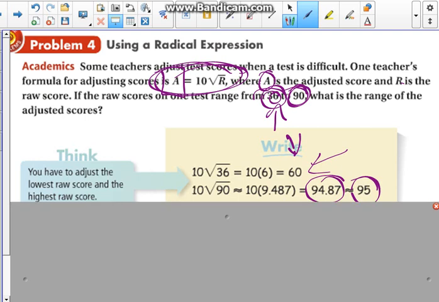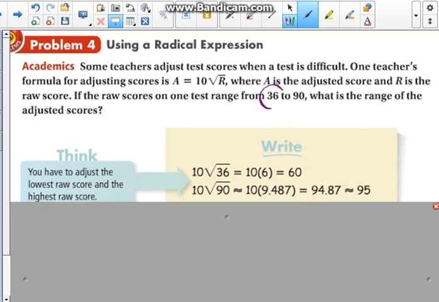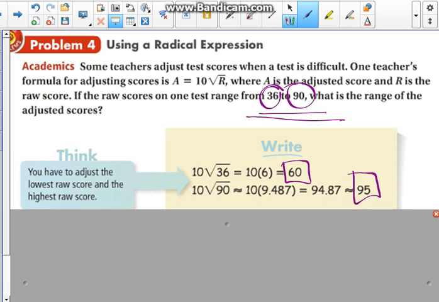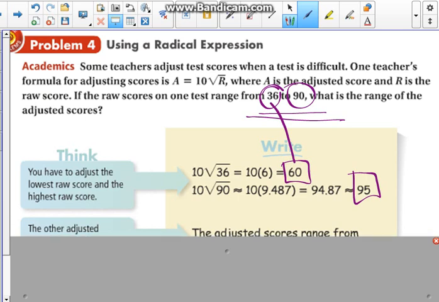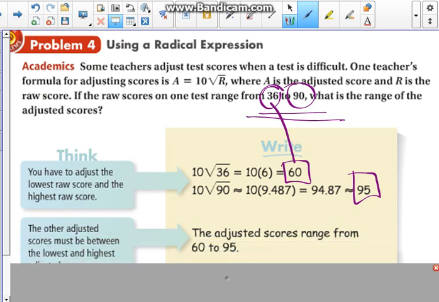So the 36 to 90 being the raw scores, the adjusted scores now for her class are 60 to 95. So everybody's score, especially on the low end, went up really a lot. So the adjusted scores range from 60 to 95.